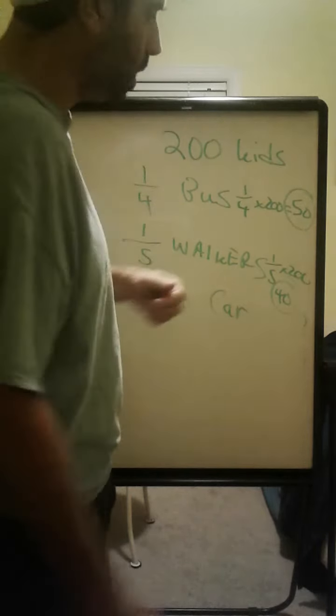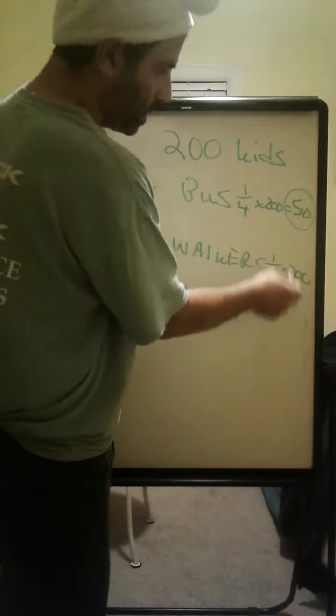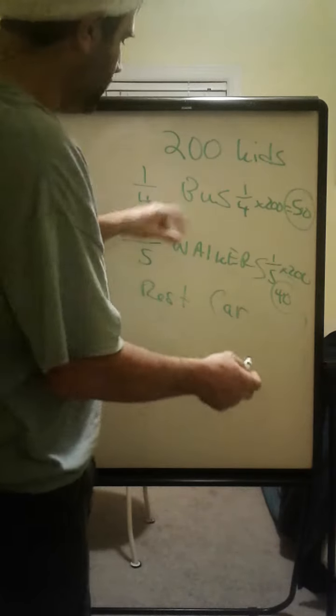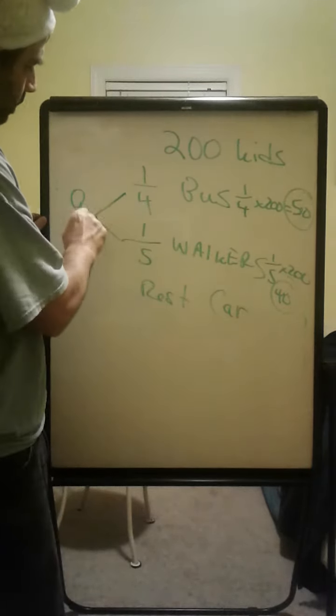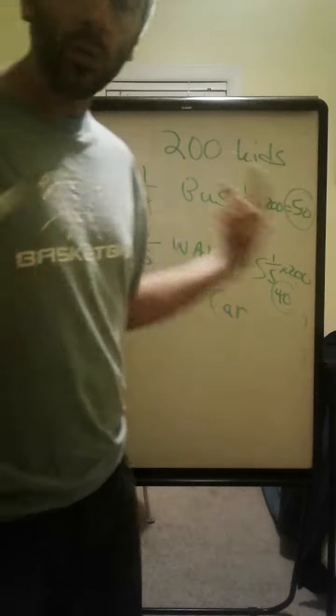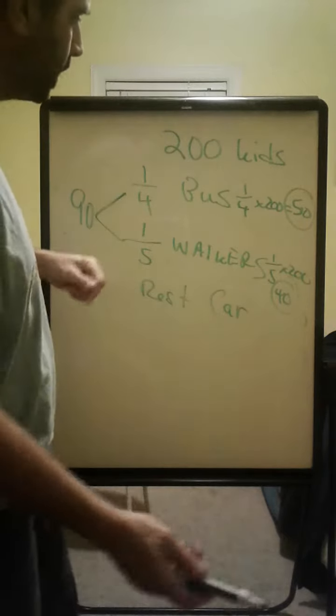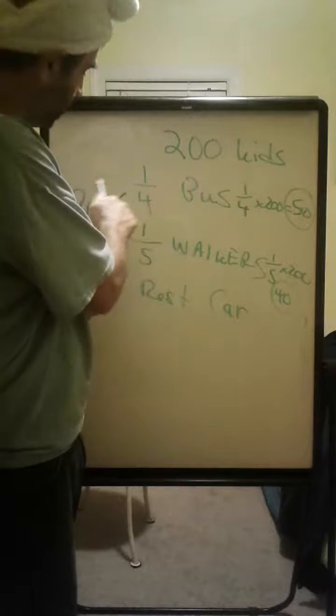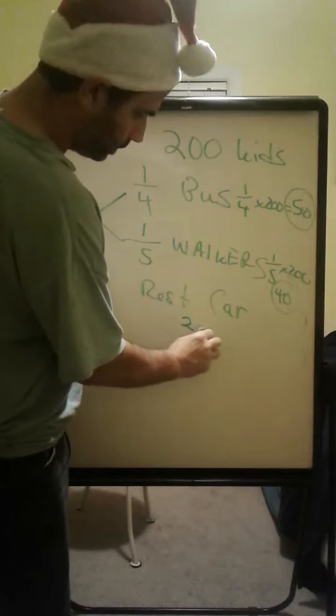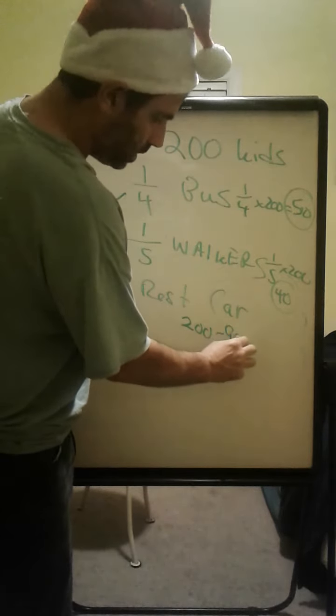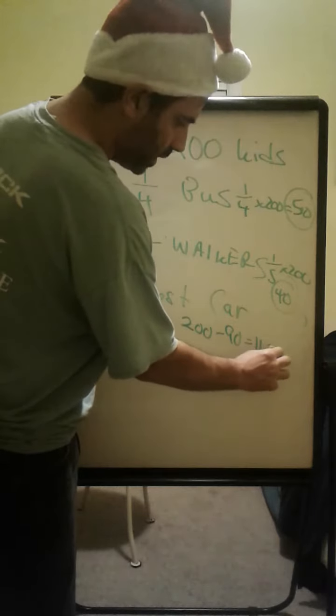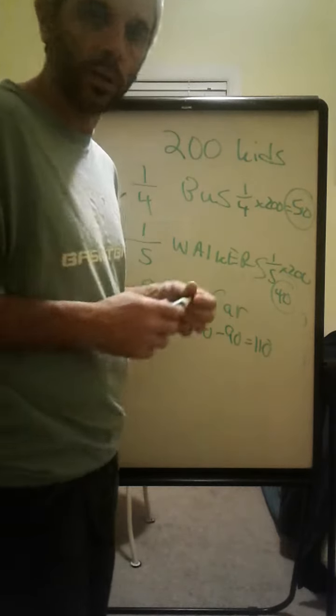So the bussers and the walkers make up 50 plus 40. These two things take up 90. And I'm saying all the rest are car riders. So if we do 200 minus the 90, that means 110 are car riders. Okay?